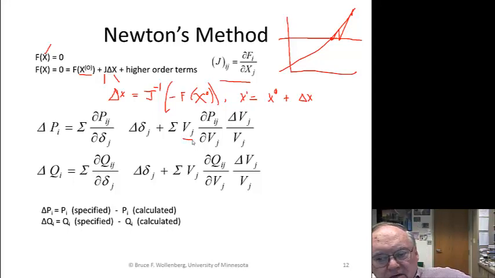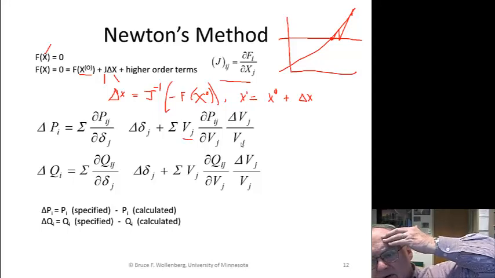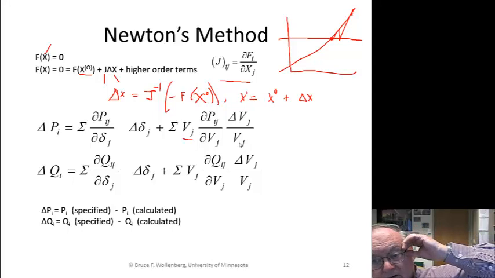And we'll just simply write this out as dp d theta times delta theta, and the sum. Now this is summed over all of the j, all of the buses that connect to bus I, and this is the sum over all the j connected to I of dp dv times delta v, and we divide this by v. It gives a little more accurate answer to do it that way.